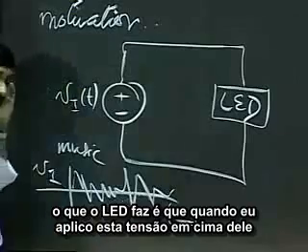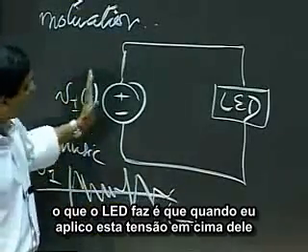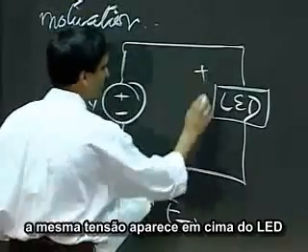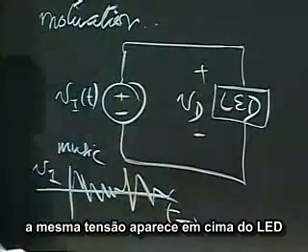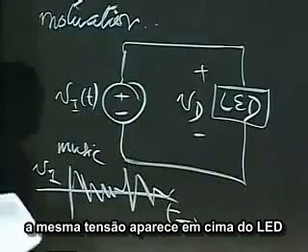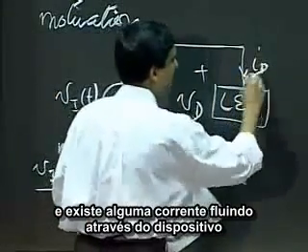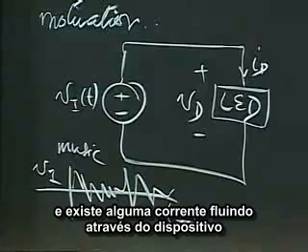So what the light emitting export dweeb does is, as I apply this voltage across it, that same voltage appears across the device, and there's some current that flows through it.